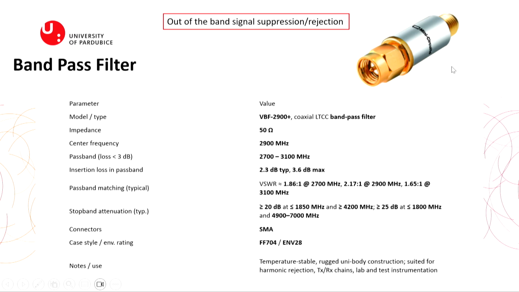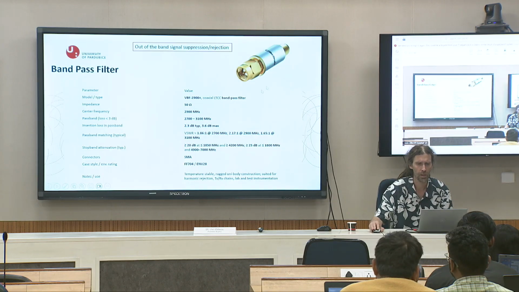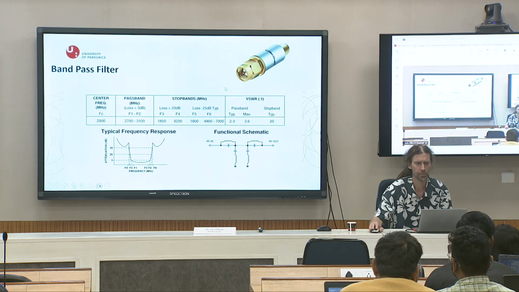Very low price, just a few euros. It was not expensive. And the connector is SMA, we usually use SMA connections. There is the attenuation of the bandpass filter, so you can see exactly in our range there is no attenuation, the rest is attenuated. So it is again from the datasheet.